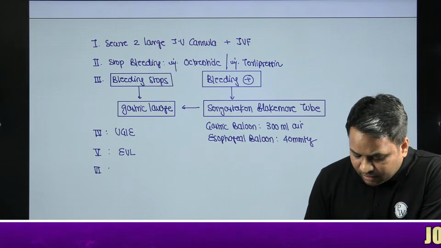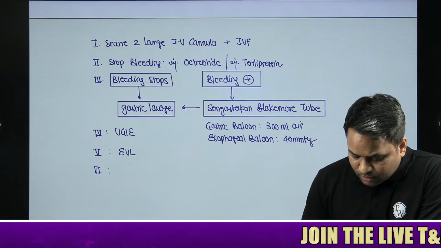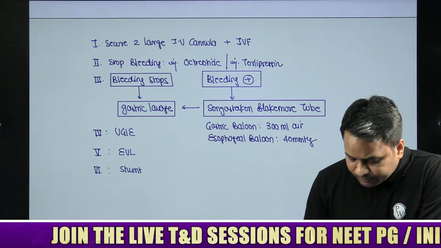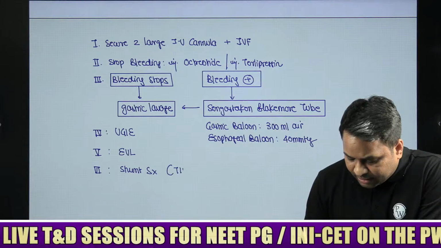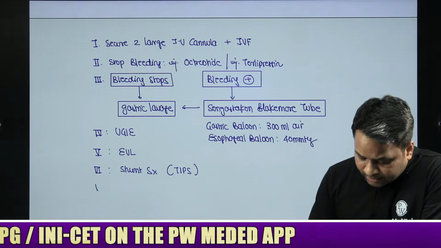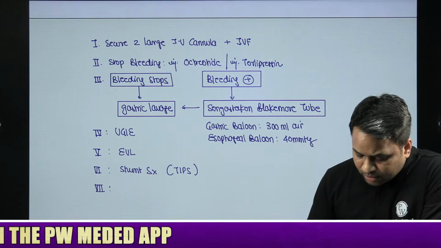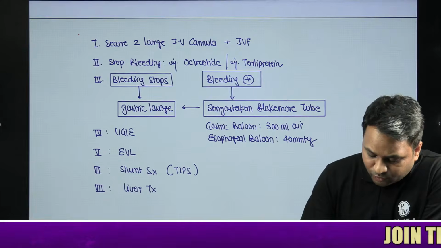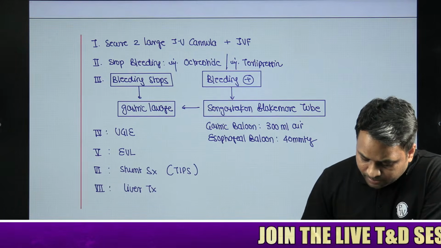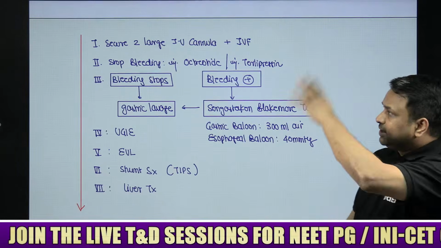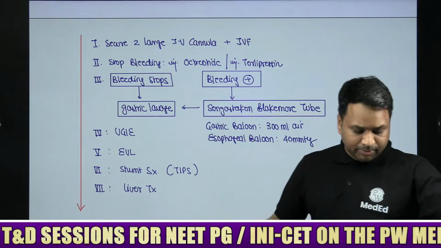If EVL fails, then you do a shunt surgery, for example TIPS, the transjugular intrahepatic portosystemic shunt. And the last one that you can do, if that fails, is your liver transplant. This is the order that you have to follow in decision making in bleeding in portal hypertension. So this is a decision making chart for your portal hypertension.